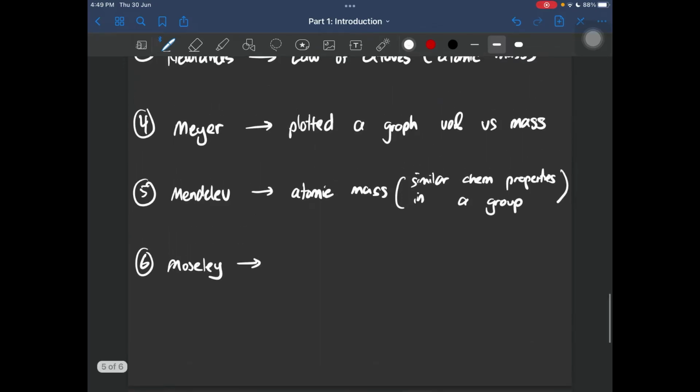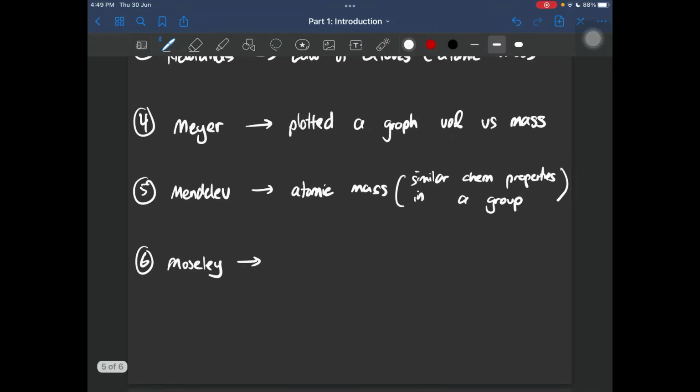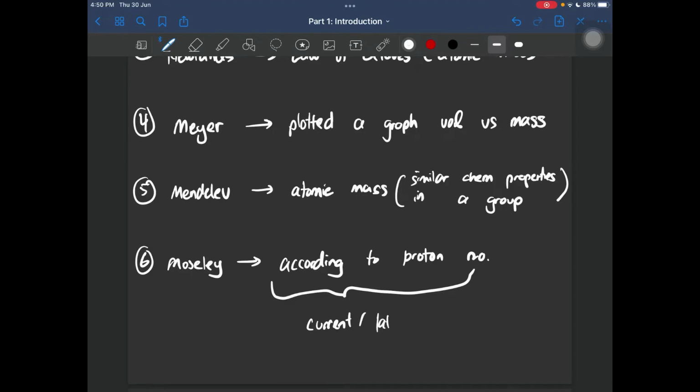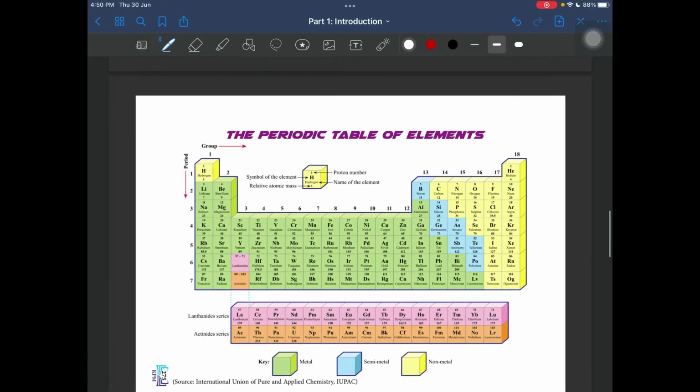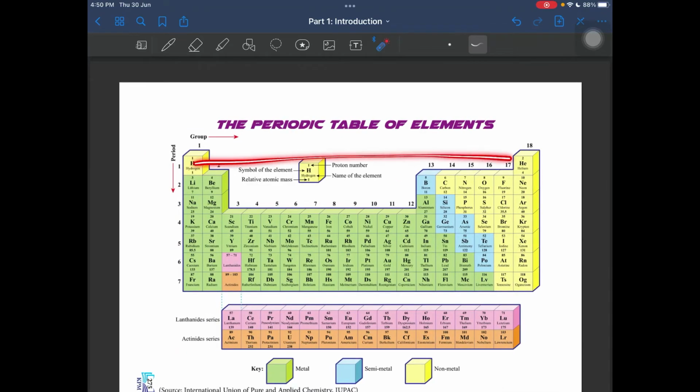Moseley arranged the elements in the periodic table according to the proton number. This is the latest and current way of constructing the periodic table, because just now we looked at the periodic table, and yes, it is arranged according to the proton number from the left to the right, and then you go down a row and go from the left to the right again.